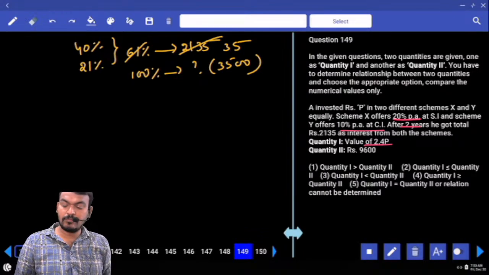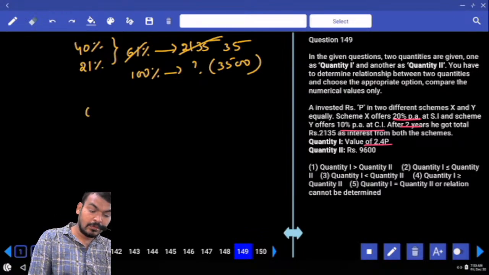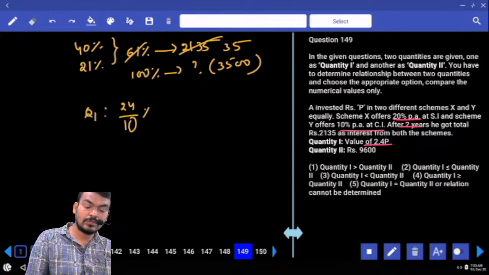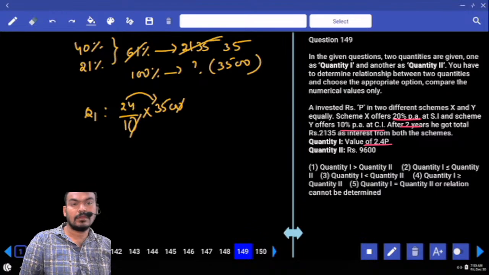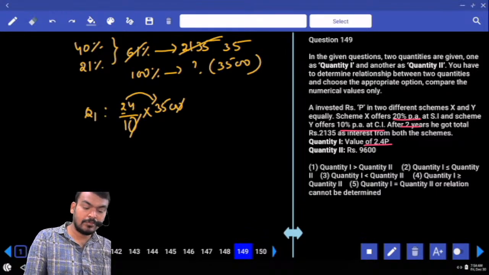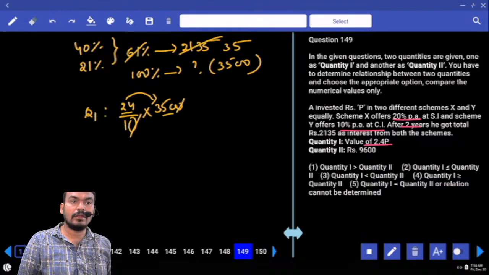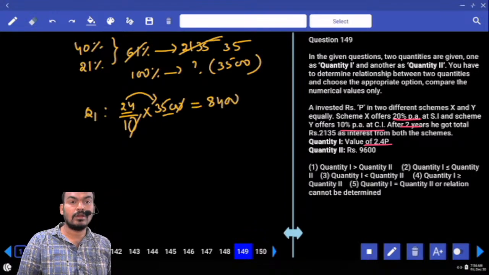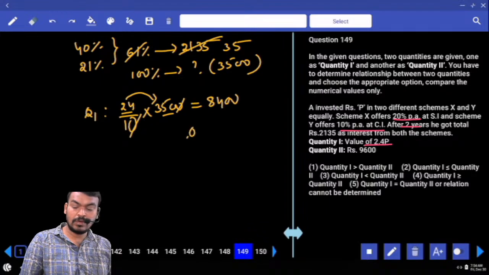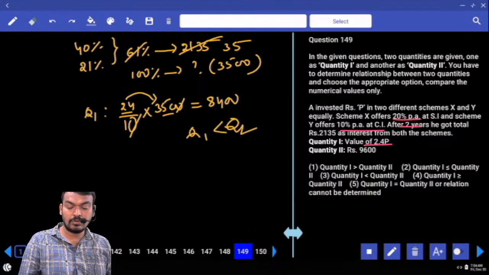Value of 2.4 times of P. 2.4 is 24 by 10, into 3500. The 0 cancels: 24 into 300 is 7200, 24 into 50 is 1200. 7200 plus 1200 is 8400. Then the answer: Q1 less than Q2.